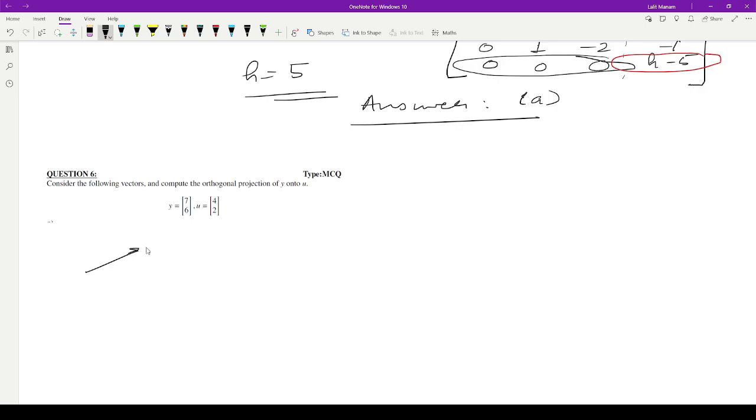You have a vector y and a vector u. This is vector u, and you want to get the orthogonal projection of y onto u. That means this is 90 degrees, and this vector, which I am showing now in green, is y hat.